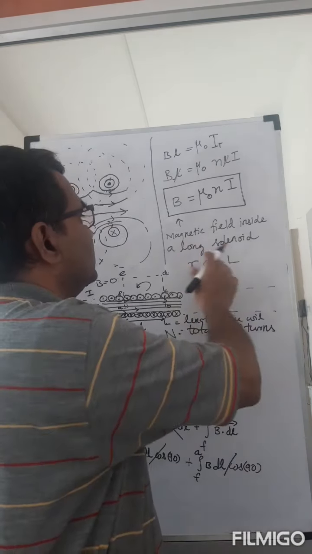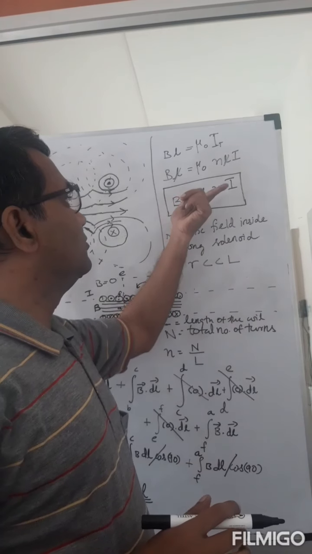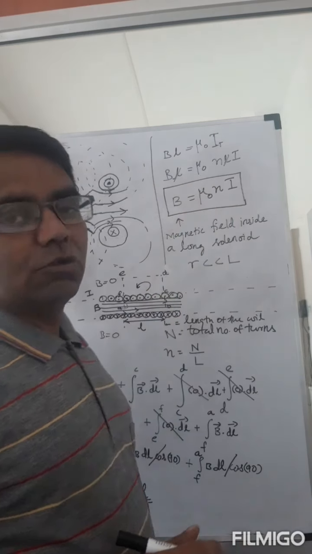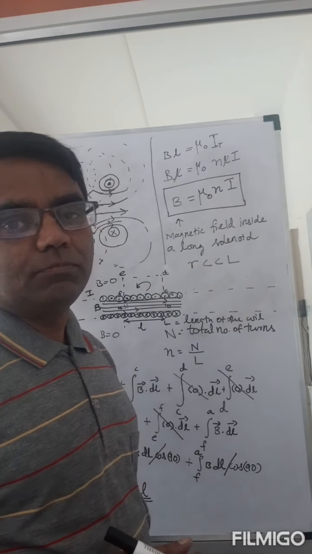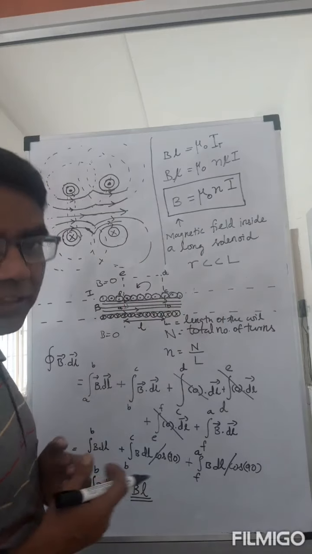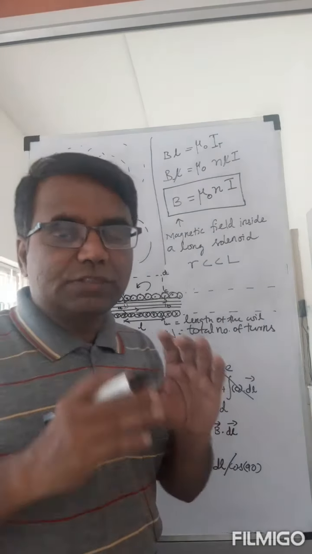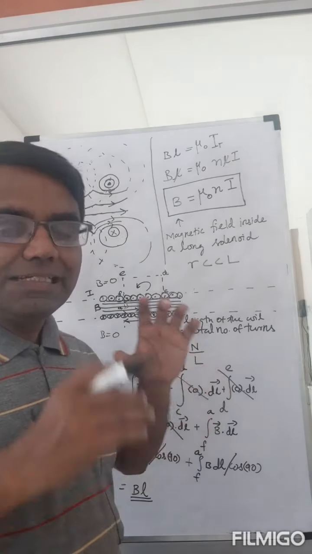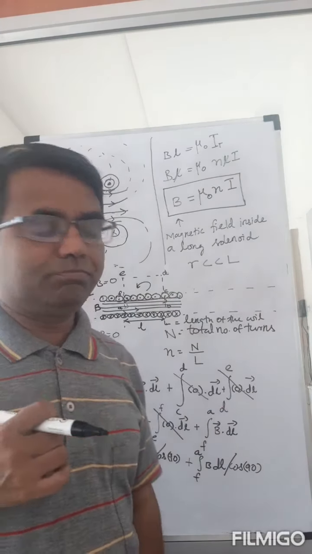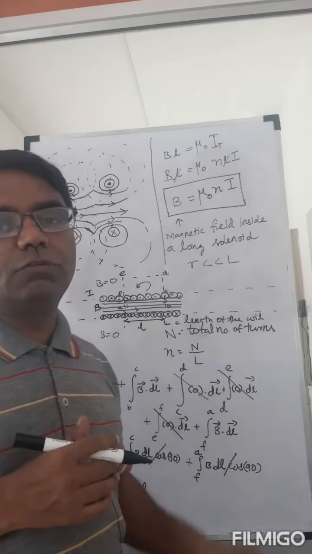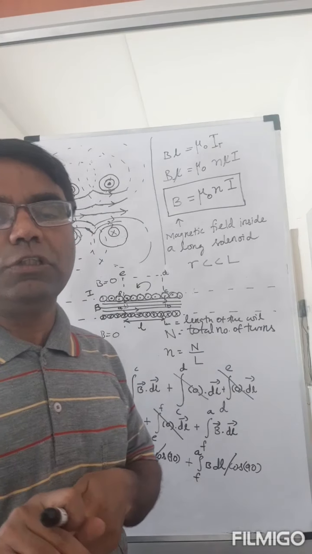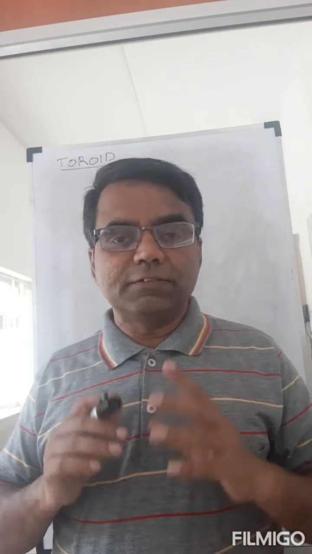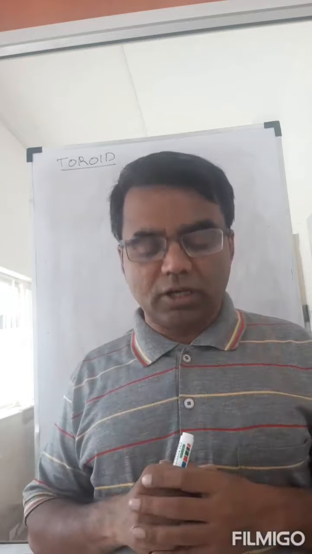So B is equal to mu naught N times I. So we've used Ampere's circuital law to calculate the magnetic field strength inside a long solenoid. And this is how we do that. Hope you understand this. Now let's calculate the field inside a toroid.